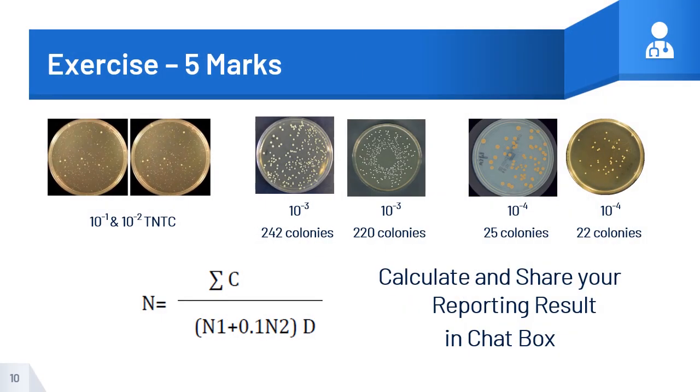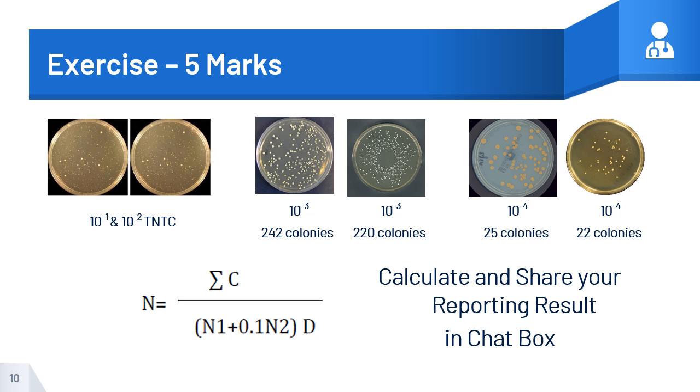This is a small exercise for you. Please try to calculate and share your result. We have provided a sample, any food sample. You have done the analysis, and at the 10 power minus 1 and 10 power minus 2 plates, you got TNTC counts, that is, more than 300 colonies. And at 10 power minus 3, you got countable colonies.